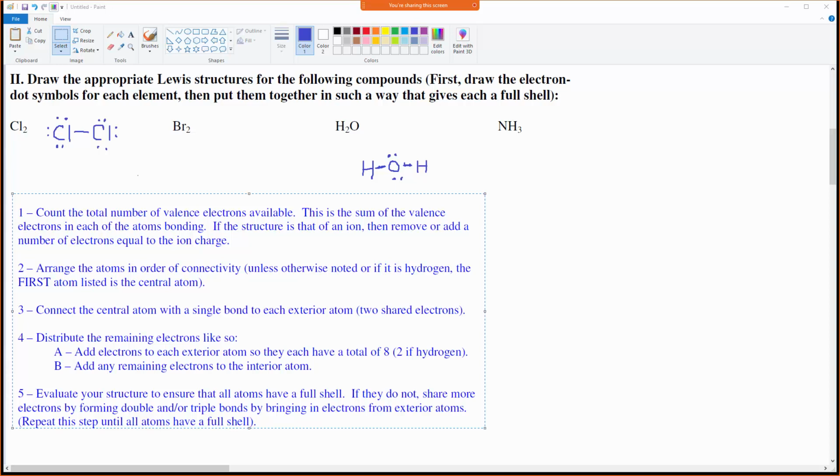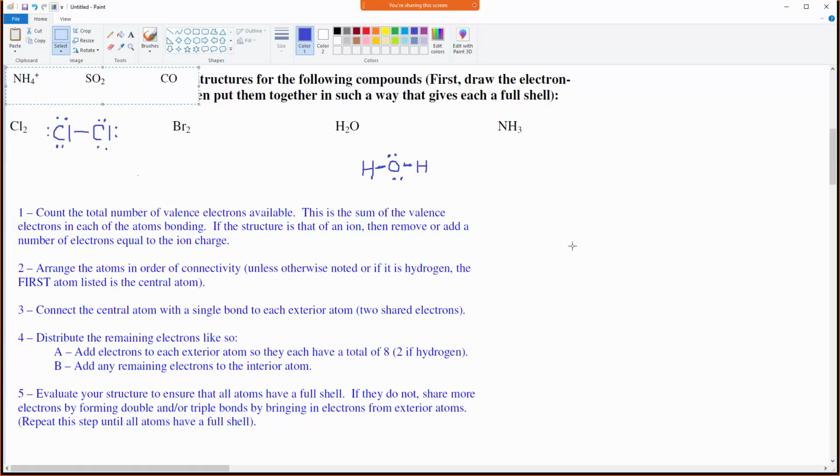Now, in these previous examples that I showed you here, we allowed chlorine to come in with 7, and we let them kind of naturally come together and make a bond. In these examples, we're not going to let the atoms keep any of their electrons. I'm not going to start with nitrogen having 5 and each hydrogen having 1.